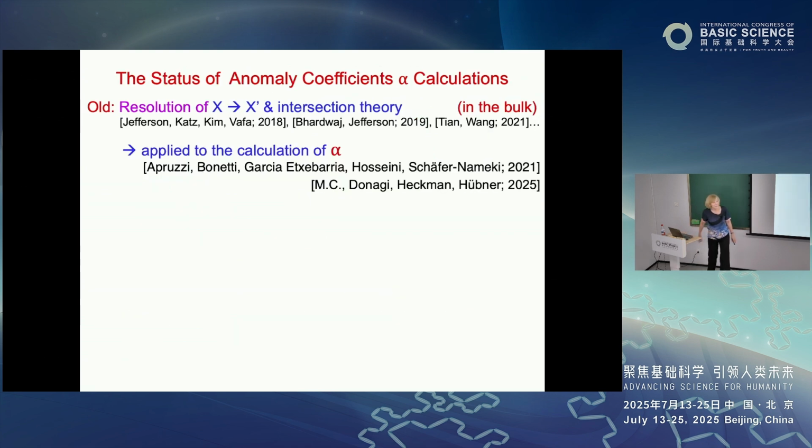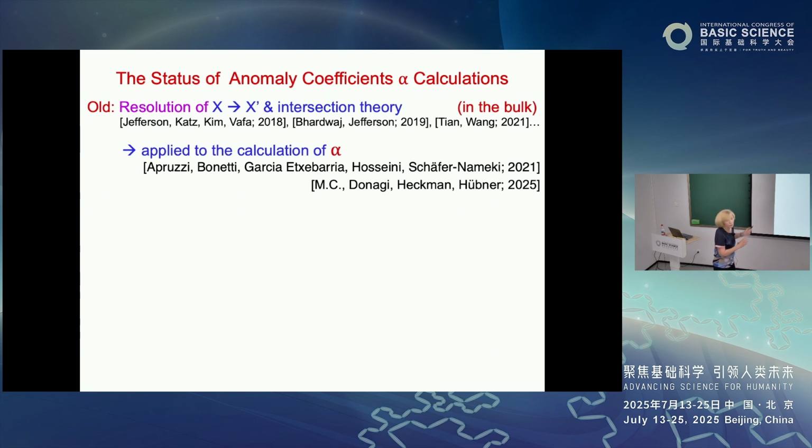Okay, so let's see, where are we, the status of anomaly coefficient calculations for isolated singularities? Old story. What we do, we resolve the space, employ techniques of algebraic geometry, intersection theory, and apply them directly to the calculation of these bulk terms, which is alpha directly.